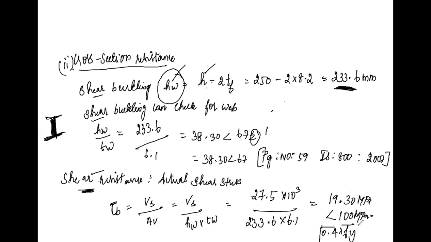This is the standard formula. The calculated value should satisfy this condition. That is, 19.30 should be less than 0.4 into Fy. By multiplying the value of Fy, we get 100 MPa. So this condition is satisfied. Hence, the shear resistance is adequate.